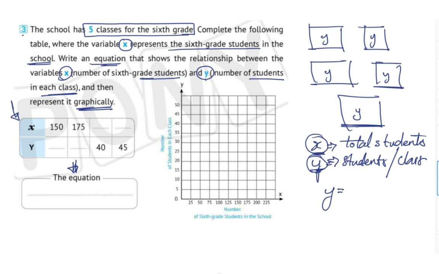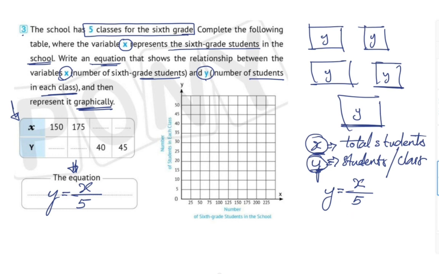Just one Y. All of them, X, are distributed among 5 classes. So Y will be the total number of students divided by the number of classes. So the equation will be Y equals X over 5. The number of students in one class equals the total number of students divided by the number of classes.